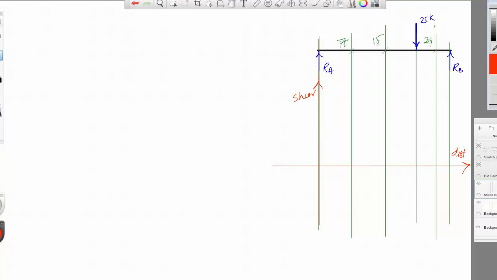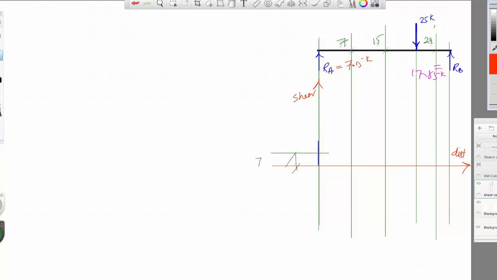Now let's update. This value is 7.15 kips, and this is 17.85 kips. We calculated this on the previous page. So if you look at the diagram of the forces here, we're trying to represent the forces by distances.